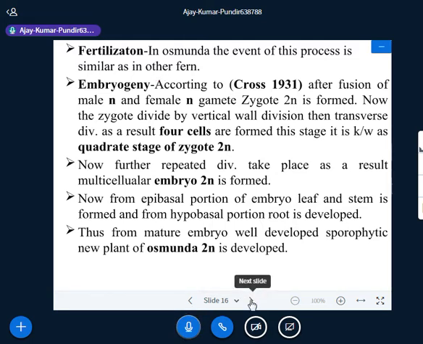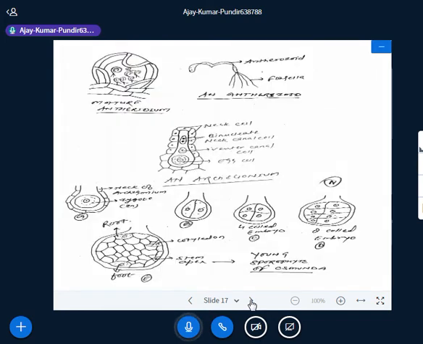So first of all, before discussing the double embryogeny, you have to see the picture. You can easily understand how the development of embryo takes place from diploid zygote, because the antherozoid is a male haploid in number and the egg cell is haploid in number. After fusing they produce diploid zygote. So zygote is always diploid.